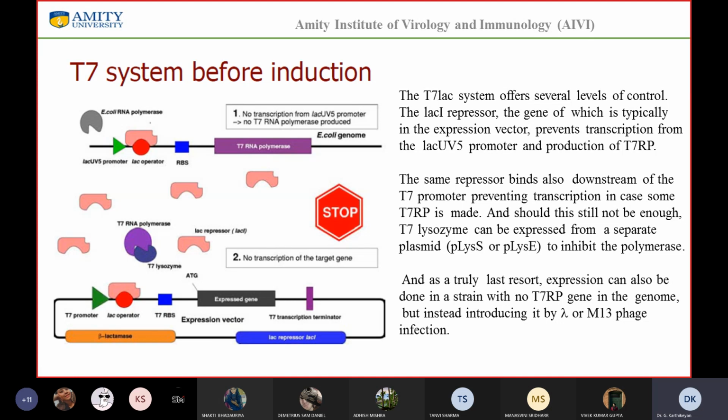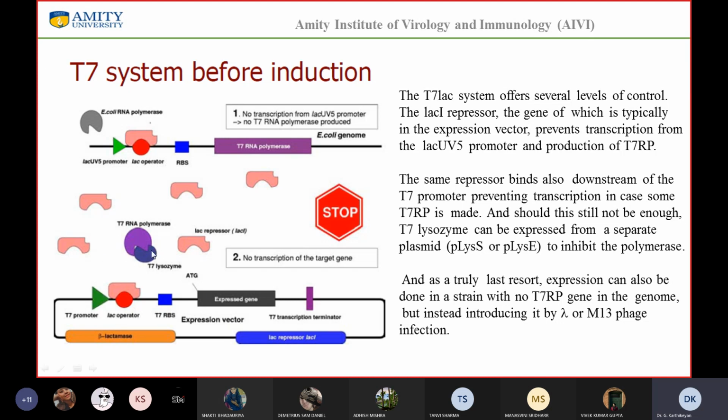Now the E. coli RNA polymerase tries to transcribe it, but as long as there is no lactose under normal conditions, your lac repressor goes and binds this operator region, so it prevents the transcription. And even if a small amount of T7 RNA polymerase is produced, this is effectively neutralized by the T7 lysozyme.